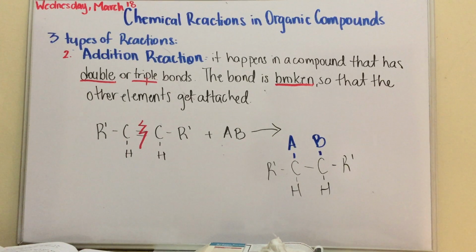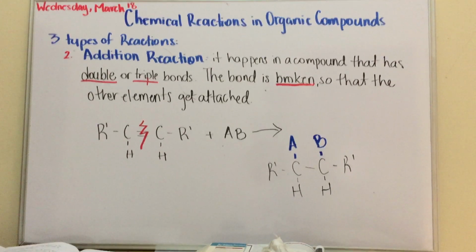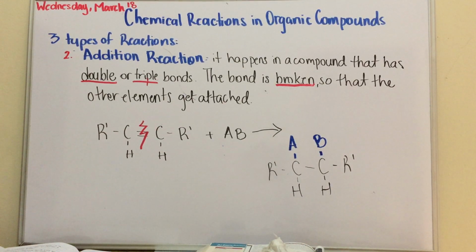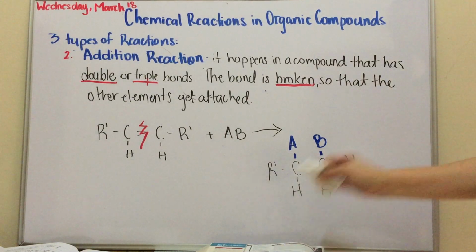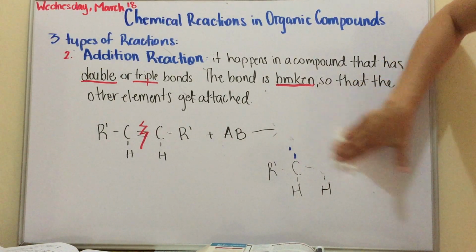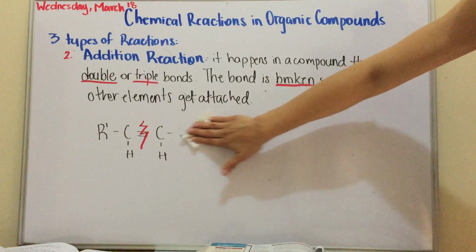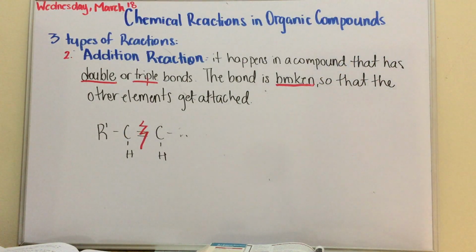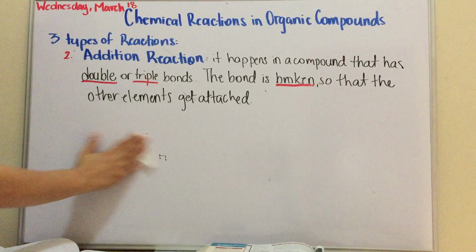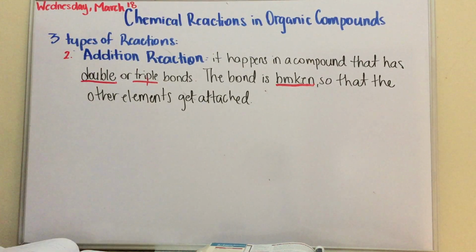And I'm going to make another one with a triple bond so that you can see how it works with a triple bond. With the triple bond, we're going to have the same thing, just that in some cases we're going to have two different outcomes, but it's basically the same thing.